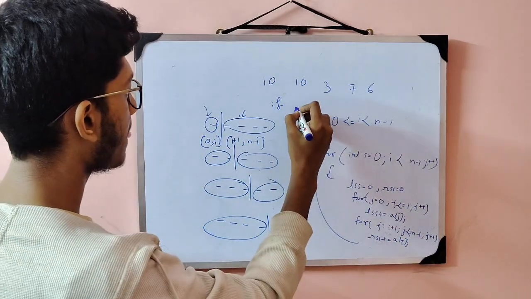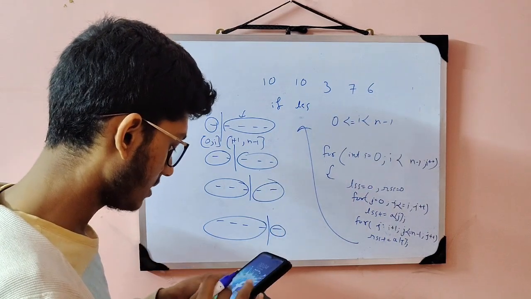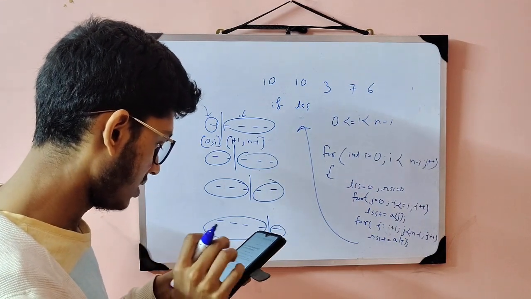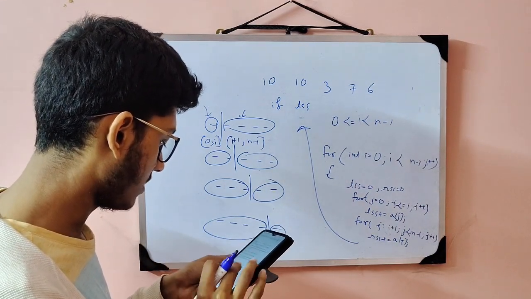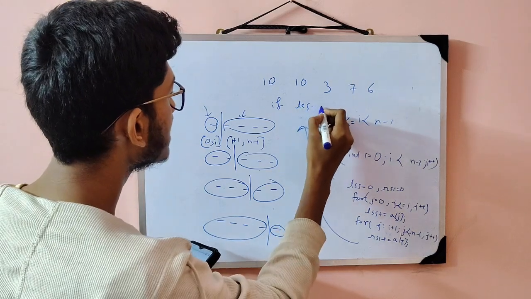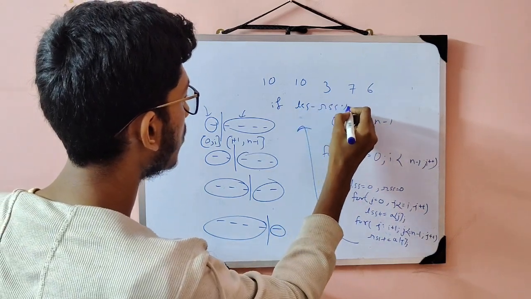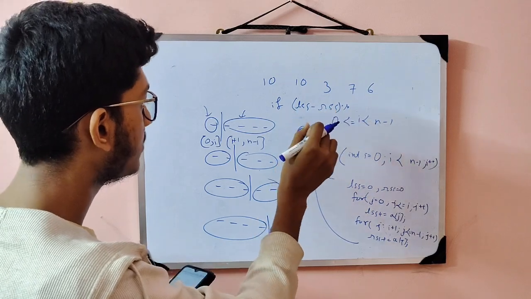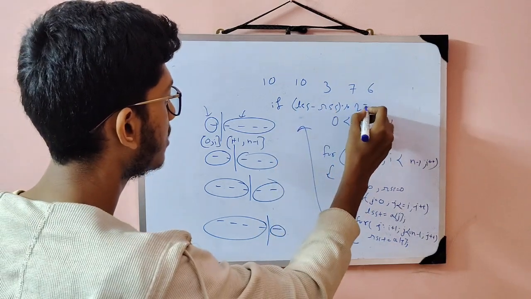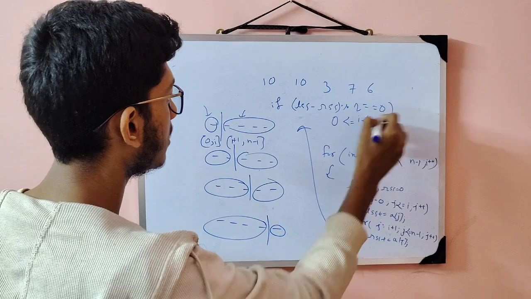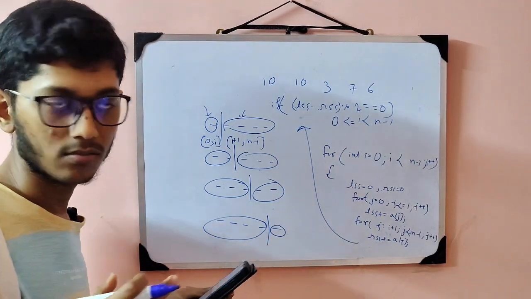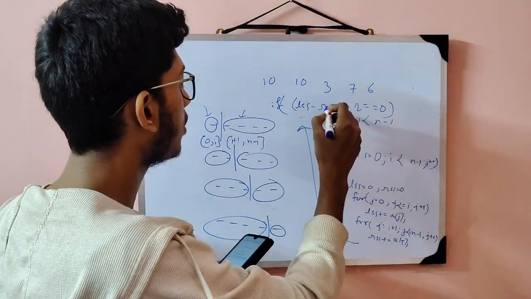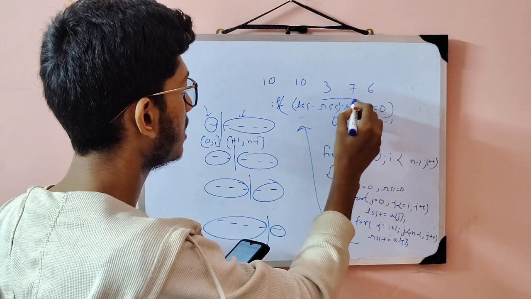If LSS minus RSS, is the difference between the sum of the left subarray and the right subarray even? It is very important to give a bracket here, because if we don't, the compiler will first consider this one.